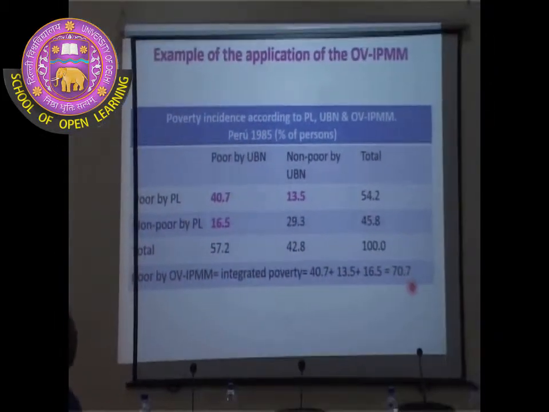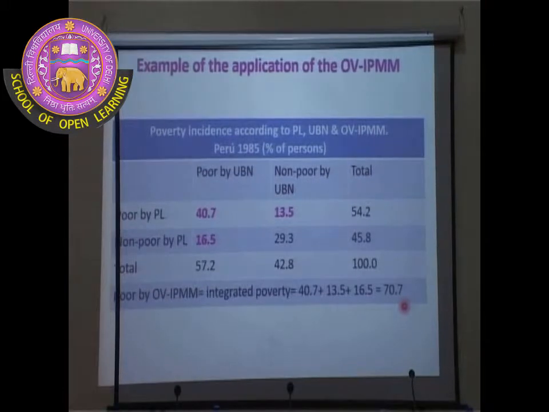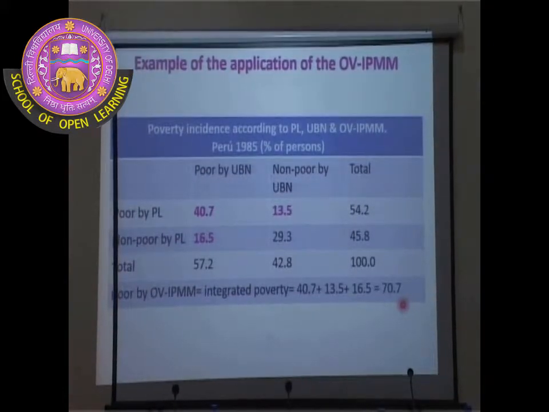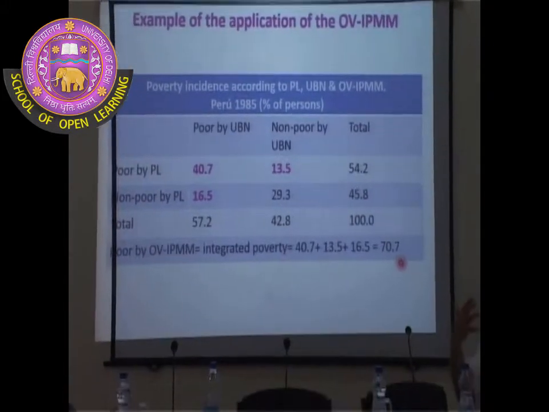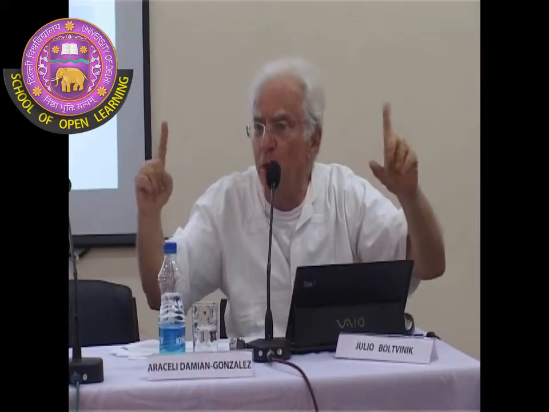It gives 70.7. So the final criterion of poverty of this new method, which is multidimensional and integrates income with direct indicators, for the first time in the world, I think. I'm not completely sure.